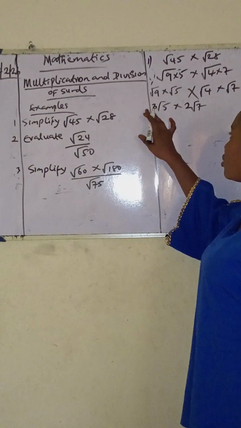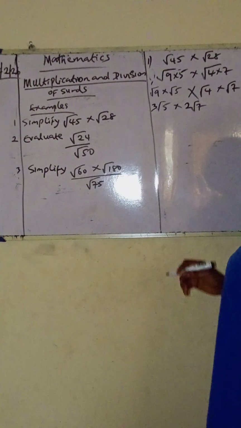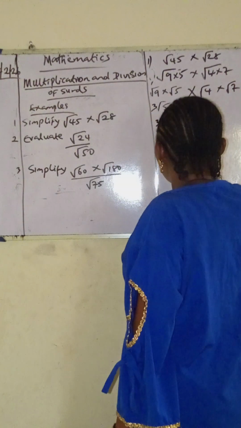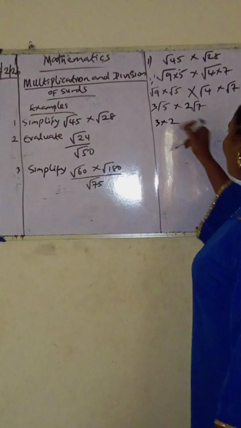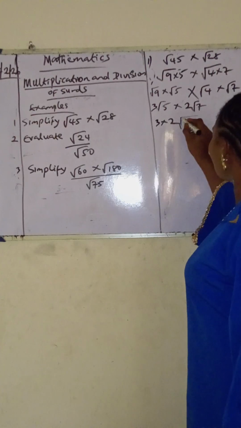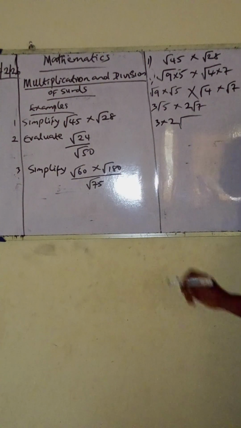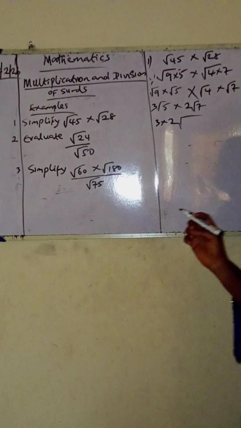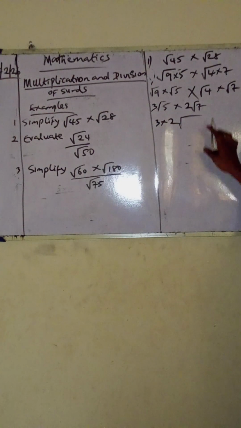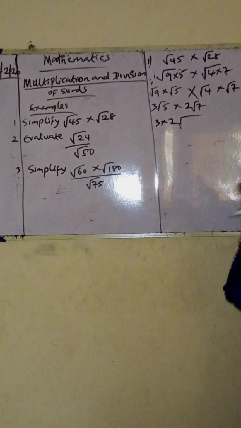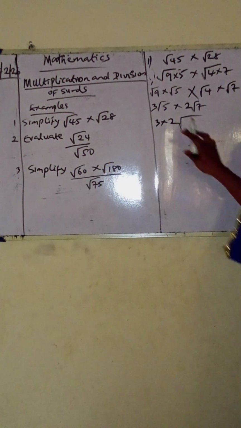Then the next thing we are going to do, since we are looking at multiplication, is multiply the numbers that are outside, which is 3 times 2. Then you look at the surds now: the numbers in the surds are different numbers. It's not like the previous one we did where the two numbers in the surd were the same. When the two numbers are the same, you pick one of the numbers. But this one, the numbers are different.